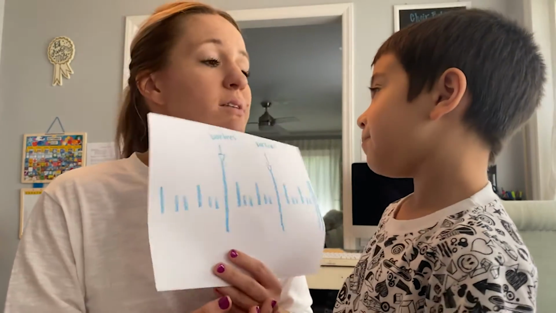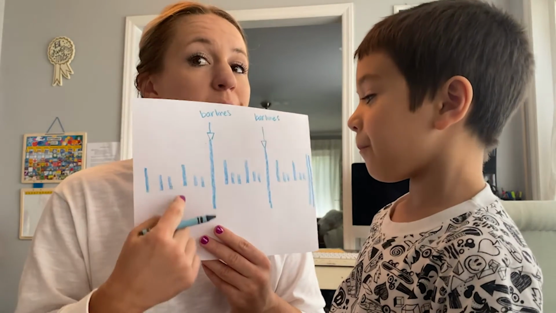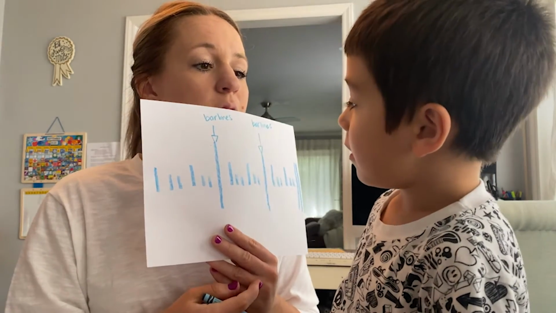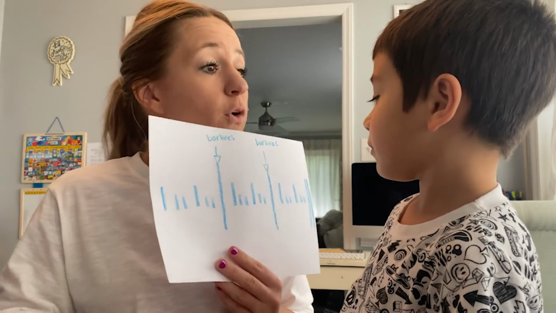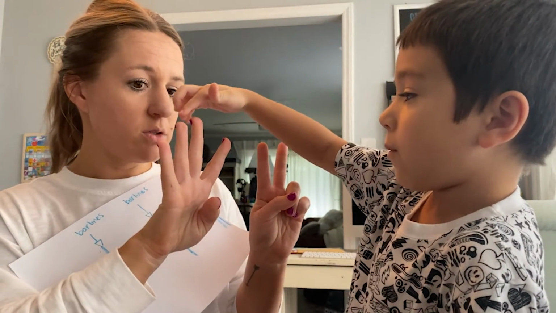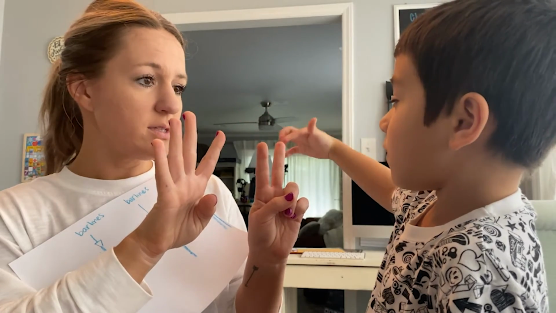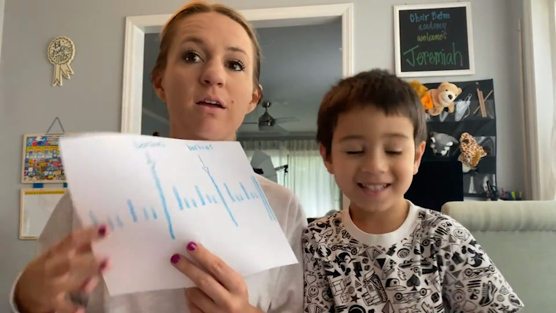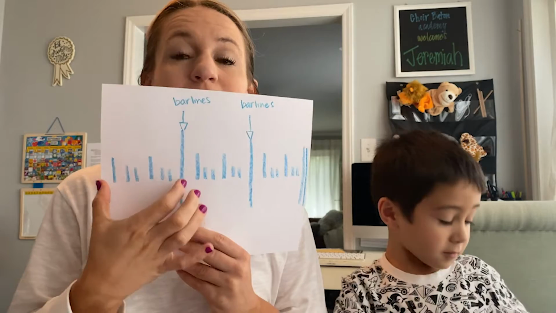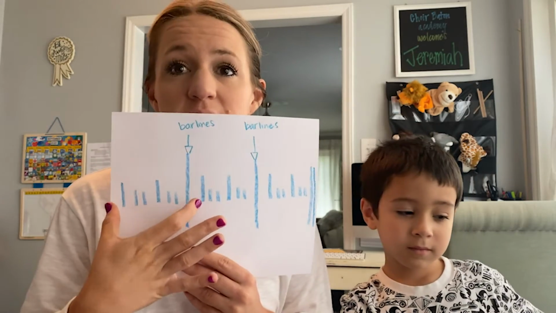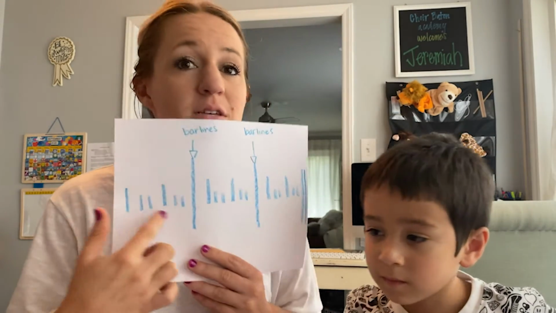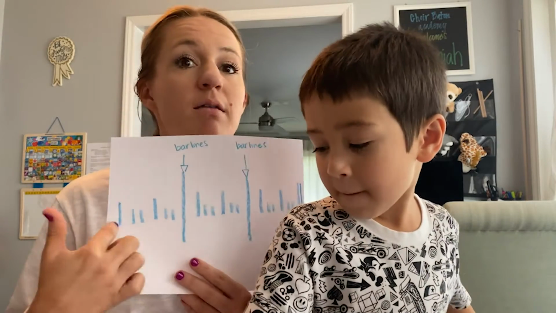Okay, so yes and no. There are 4 little lines, and how many big lines? 2. Right, 4 plus 2 more. How many is that? 1, 2, 3, 4, 5, 6. Very good. So this means we have 6 beat divisions within this one measure because each of these little bitty lines mean beat divisions.